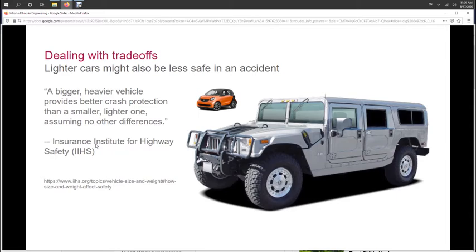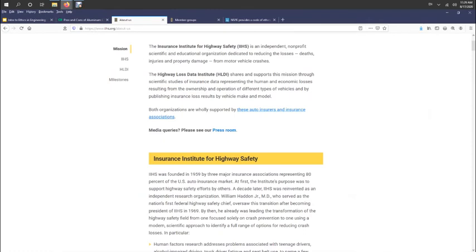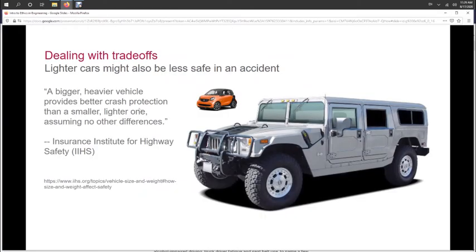When I was looking for evidence for smaller cars being more dangerous in accidents, I found a great deal of information from several years ago, but the most recent information almost all referred to this study from the Insurance Institute for Highway Safety. The representative quote that I found was, "A bigger, heavier vehicle provides better crash protection than a smaller, lighter one, assuming no other differences."